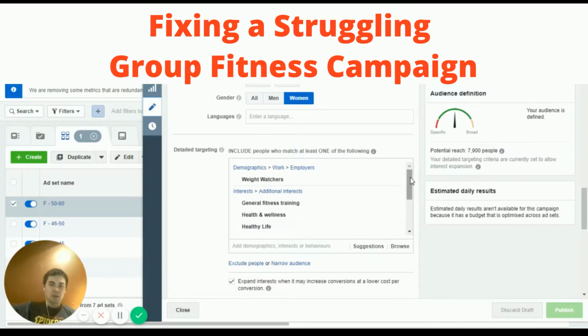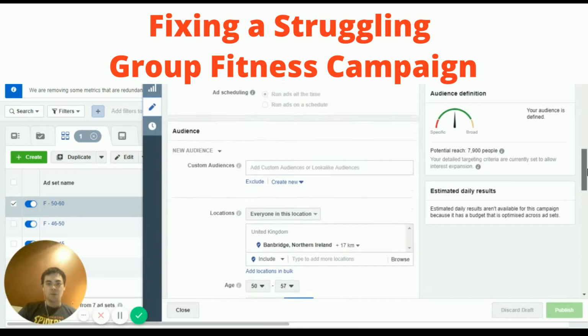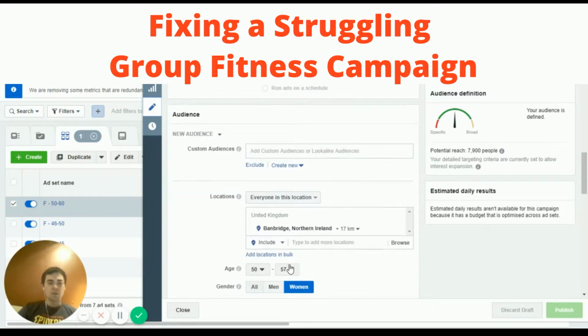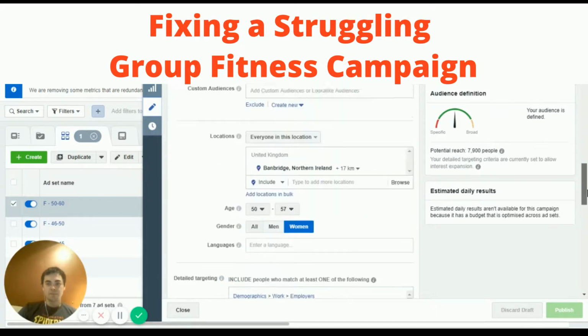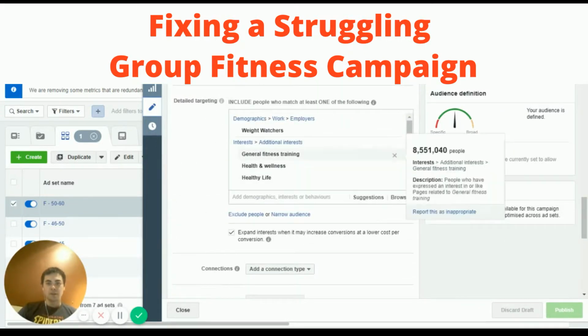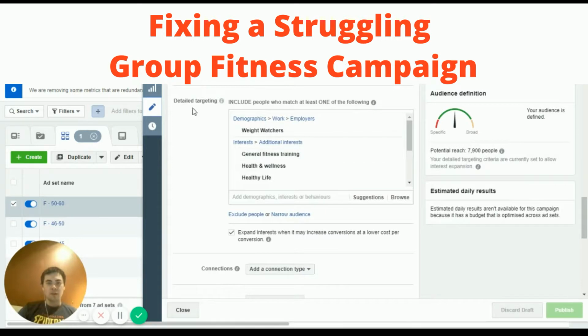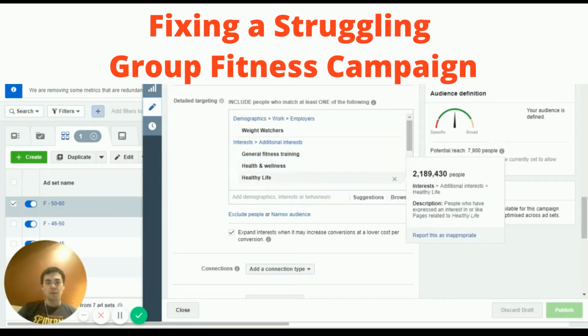But with a local campaign, you can actually just set up a local ad for women 25 to 55, tight radius around the gym, no interest targeting. And Facebook is a lot smarter than you or I, and they will know who the right people are.